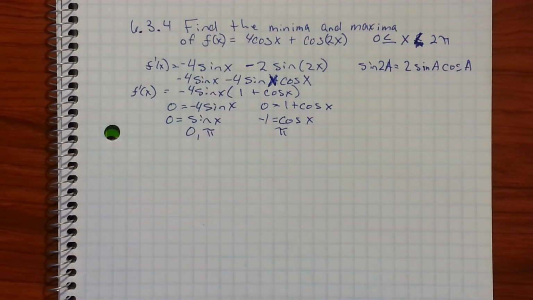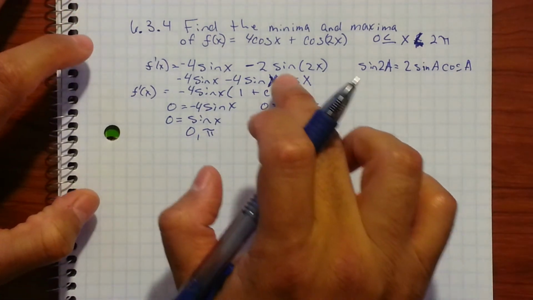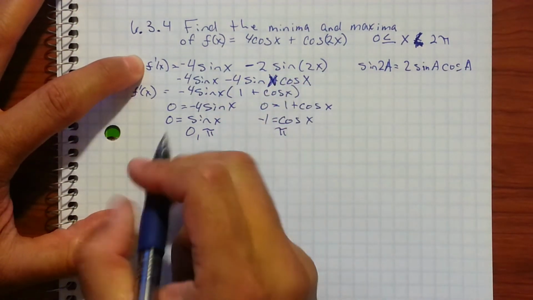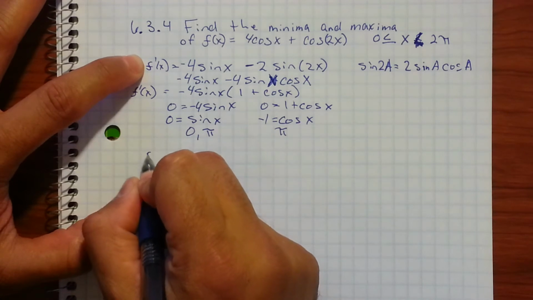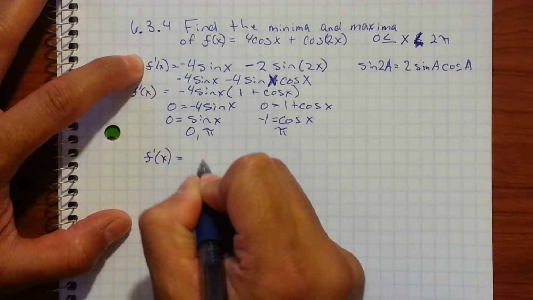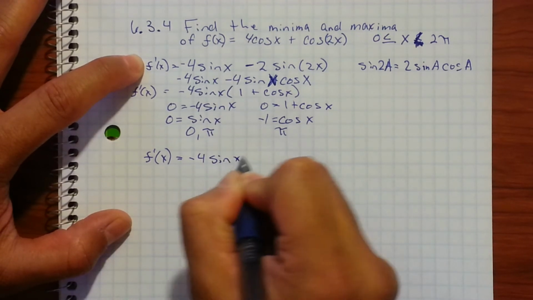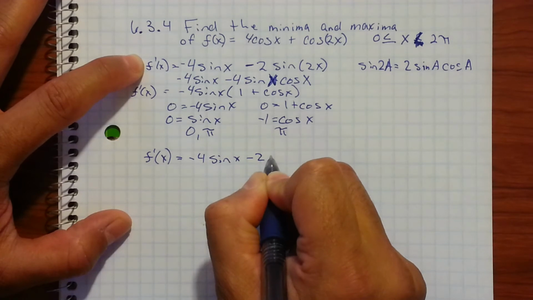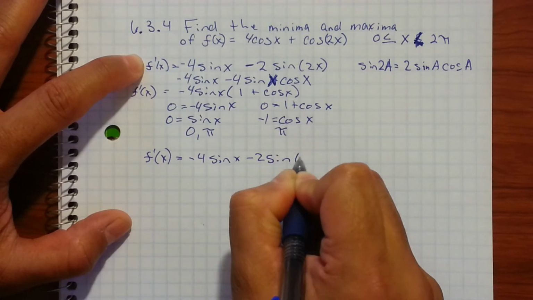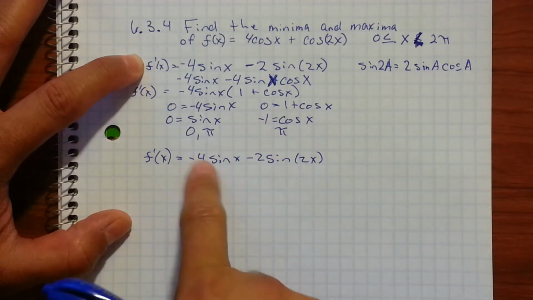So now we need to go through and do the second derivative. I got my first derivative, and I'm going to rewrite it here: -4 sine x minus 2 sine 2x. Take the derivative here.